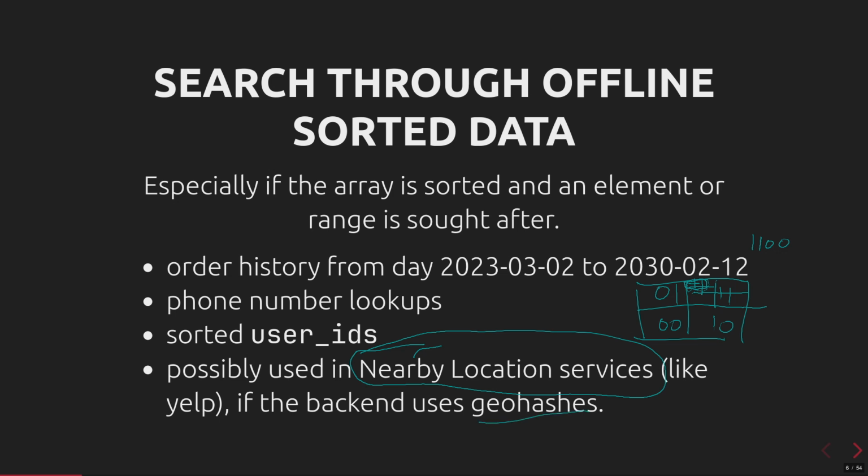I'm not a complete expert on this, but I've seen some designs for a Yelp-like thing where you need to find nearby businesses, where if you divide up the world into these things called geohashes, because they are well ordered and sorted, you're able to use binary search for some of the problem. So those are some interesting applications of binary search.